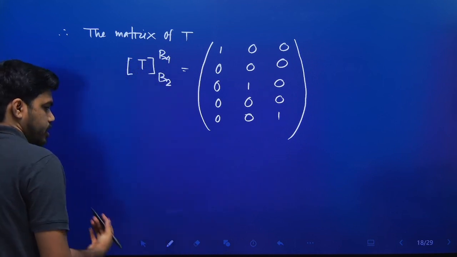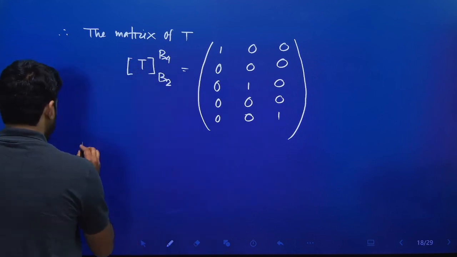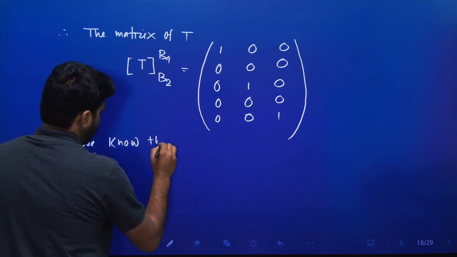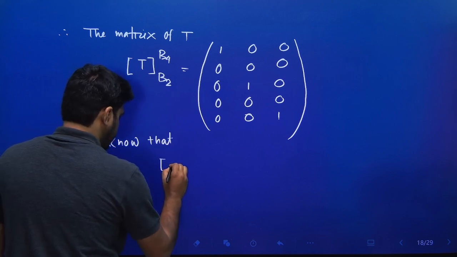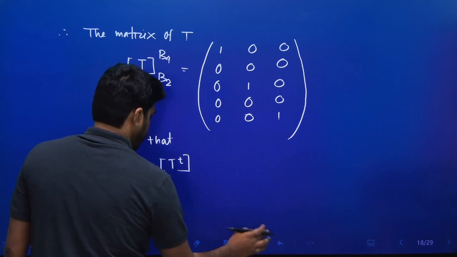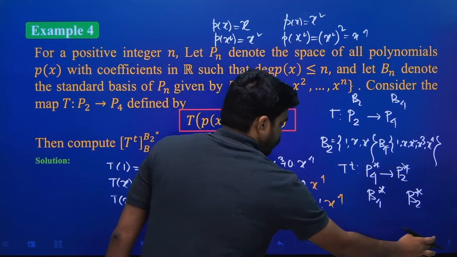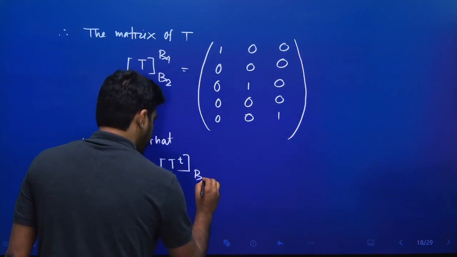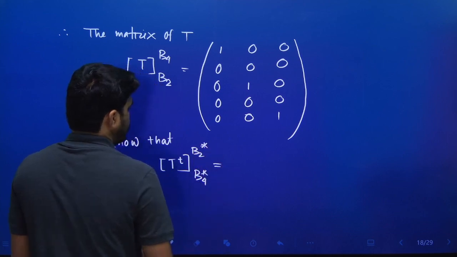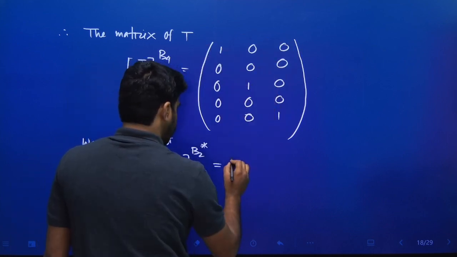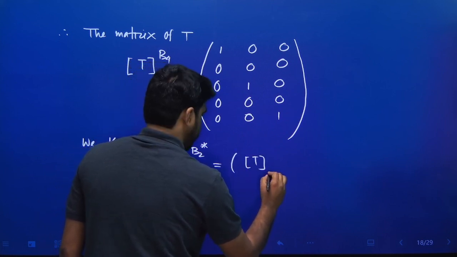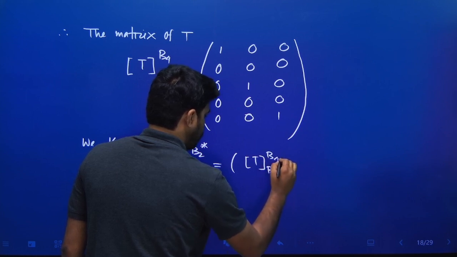So we have to calculate T transpose. We know that T transpose goes from B4 star to B2 star, right? Just rows become columns, so this will be the transpose of the matrix of T from B2 to B4.